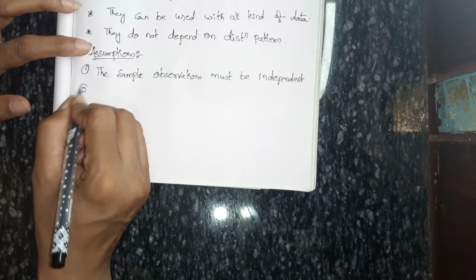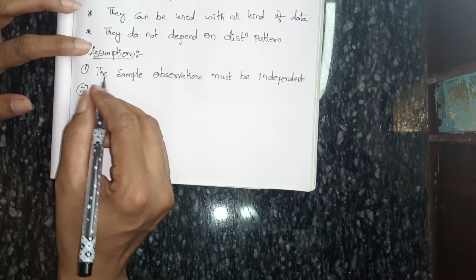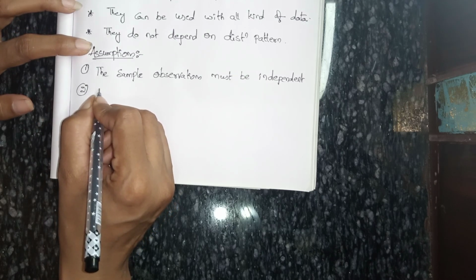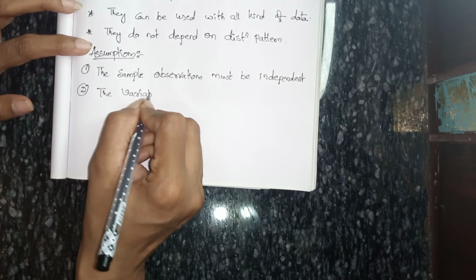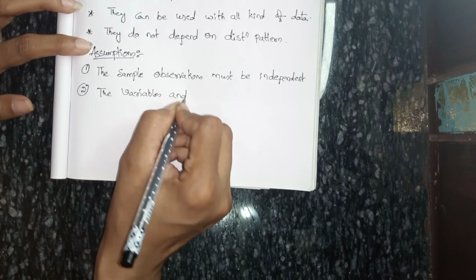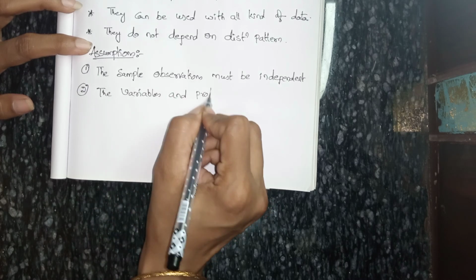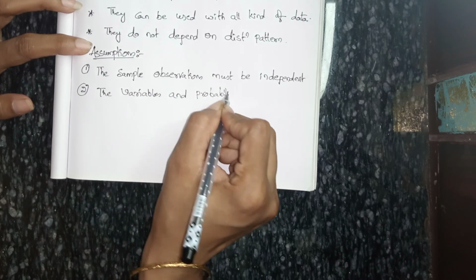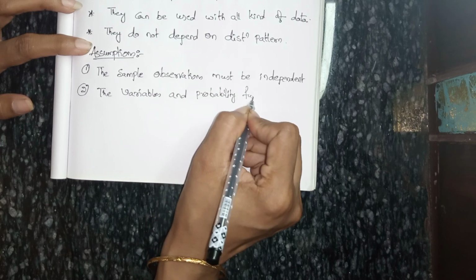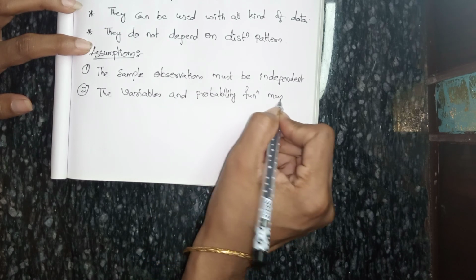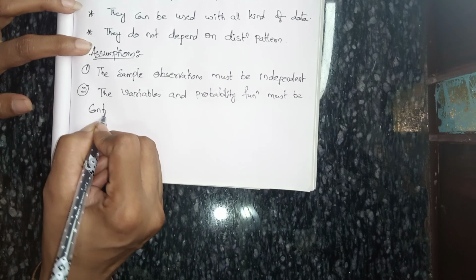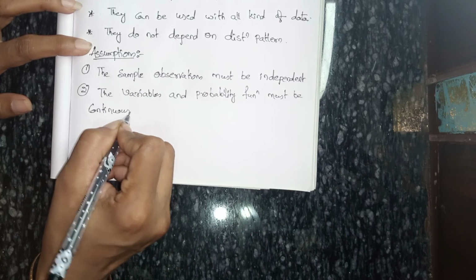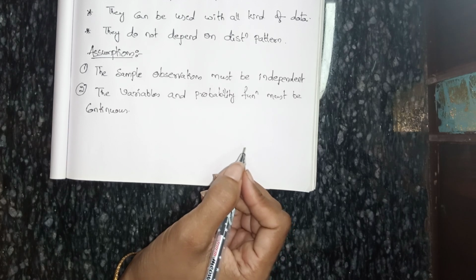The second one is that the variables and probability functions must be continuous. That means we have to use continuous variables only.